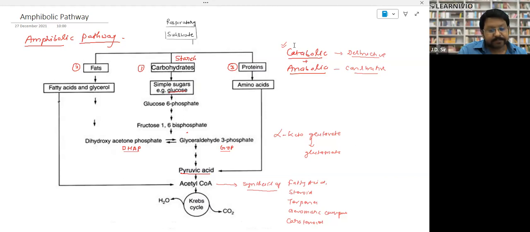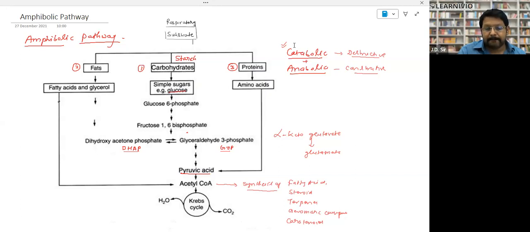The pathway produces a number of intermediary compounds. Full stop.